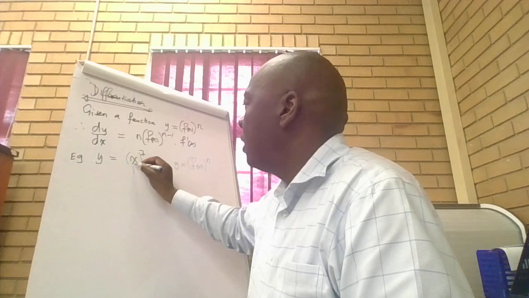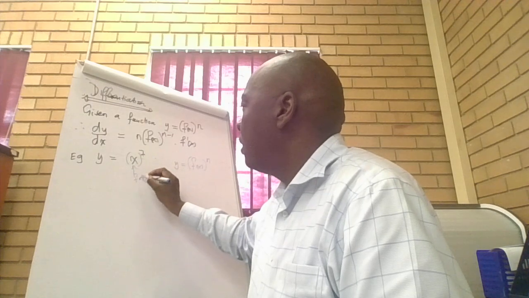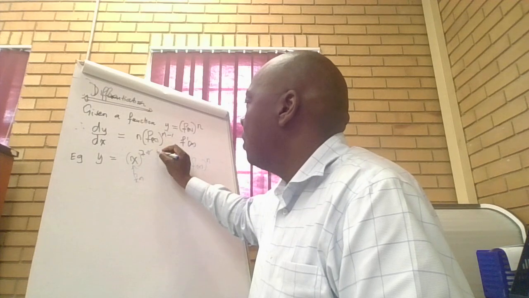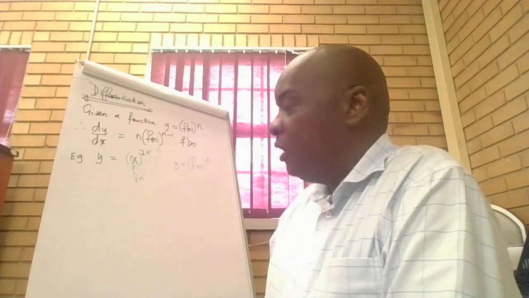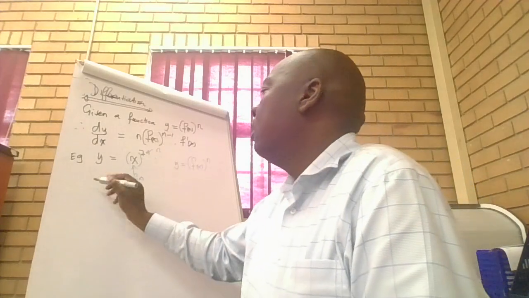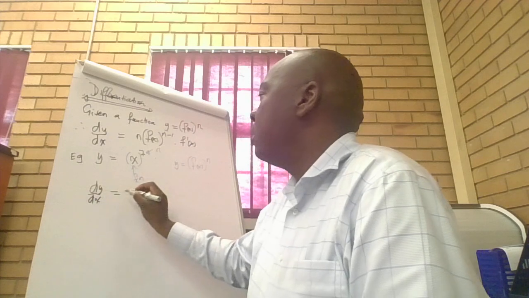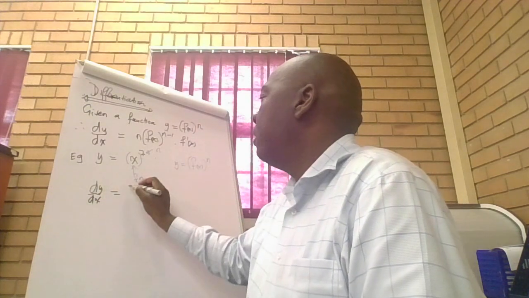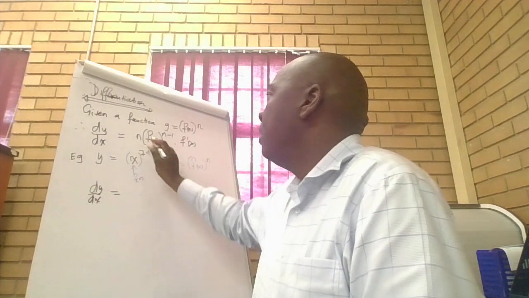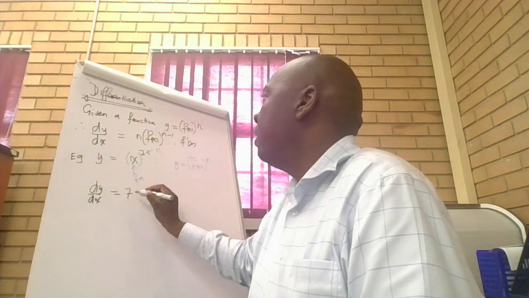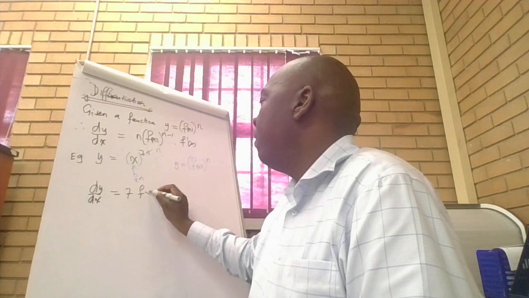So your x here is your f of x, and your 7 here is your n. So when we differentiate this function, it follows that dy by dx is equal to, according to the formula, n, which is 7, times f of x.